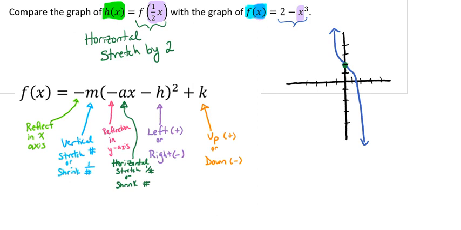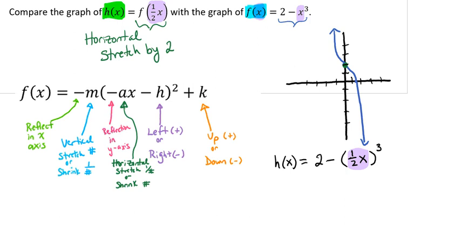So for h of x, we'll have our equation 2 minus, but we're going to take the x out, and instead we're going to put that 1/2 x. Remember we talked about how we need to plug that into the x's spot?